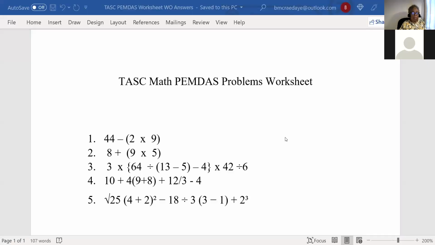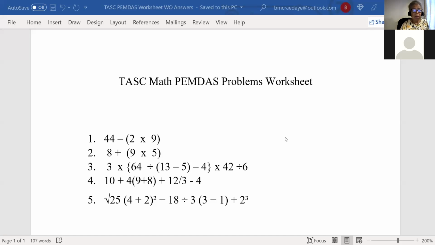Now, let me bring up the PEMDAS. Okay. Let's see if I did the share screen. PEMDAS. Does everyone see that worksheet?